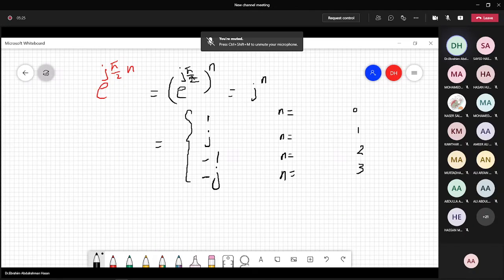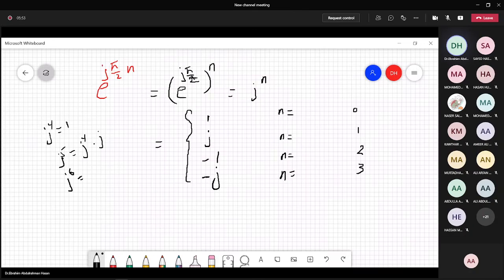What about 4? j to 4 equals? j to 4 is equal to 1, because it is -1 multiplied by -1, so it's equal to 1. j to 5 equals j to 4 multiplied by j, which is equal to j.